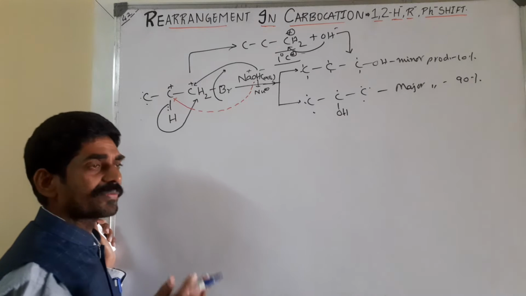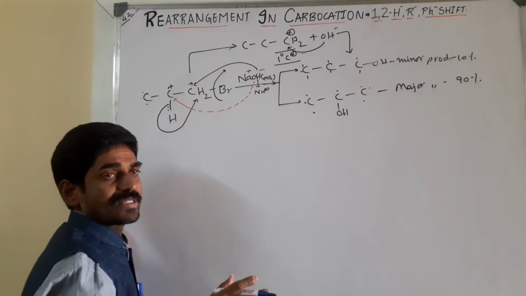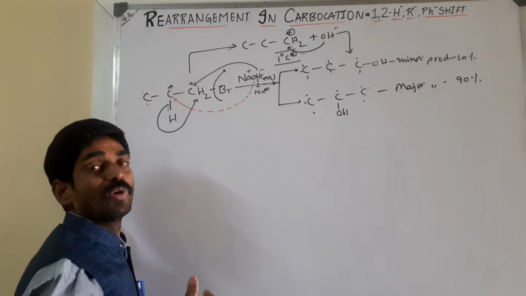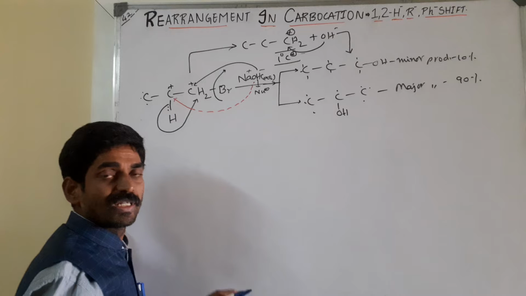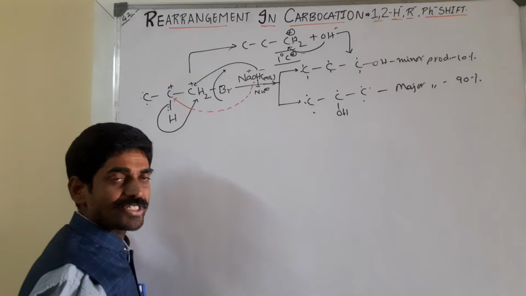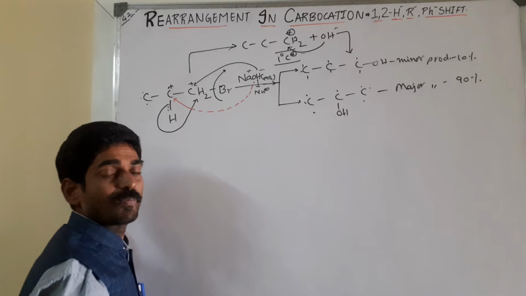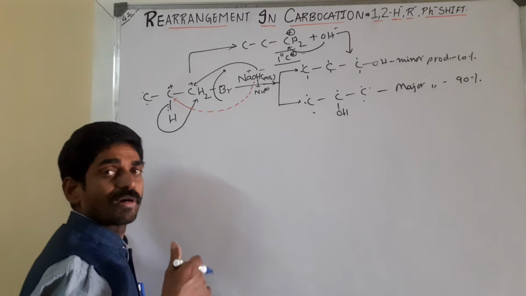How? Some atoms or groups are shifted from adjacent carbons. That makes the less stable carbocation into a more stable carbocation. For that, the shifting of atoms may be a hydride shift, alkyl shift or phenyl shift, from the adjacent carbon, the neighboring carbon, the brother carbon or sister carbon. That gives a more stable carbocation.